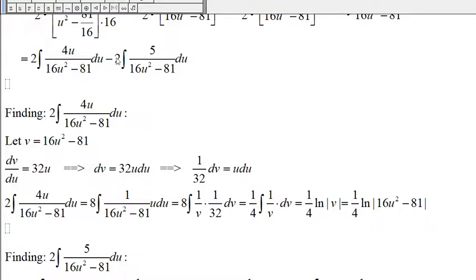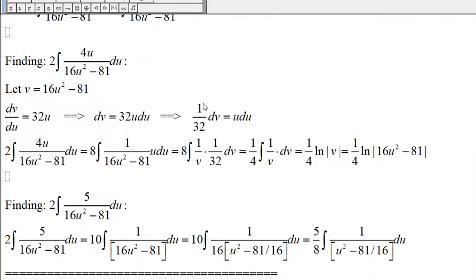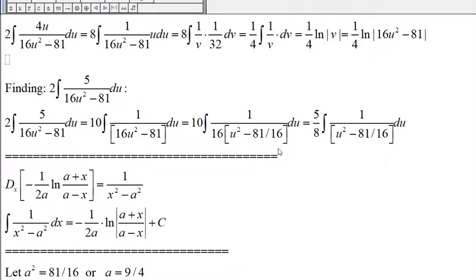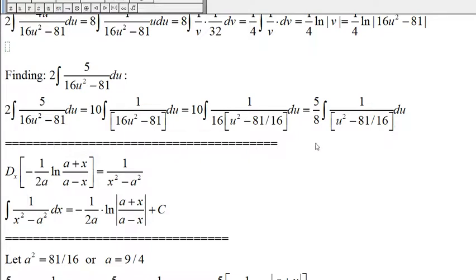And now let's go to this one. Here we get 2 times 5, which is 10. And then let's go ahead and factor the 16. So we get 16 times u squared minus 81 over 16. This has the form of u squared minus a squared.